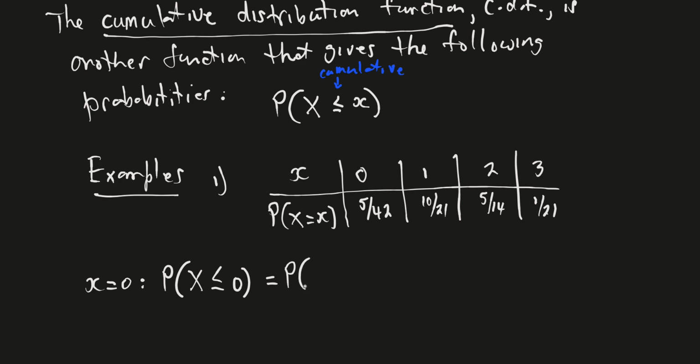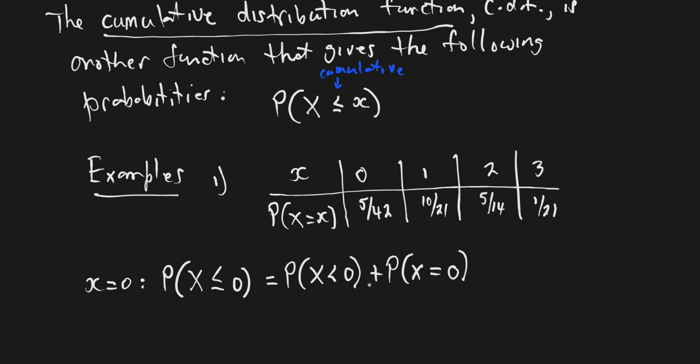Either x is less than 0 or it's equal to 0. These are two mutually exclusive things. X can't be simultaneously less than 0 and also equal to 0. So I can use my axiom of probability and break this union, because we are using the word or, less than or equal to, and we can split it into these two pieces.